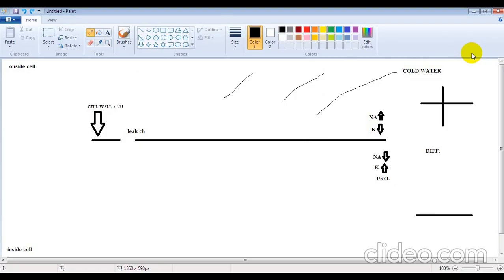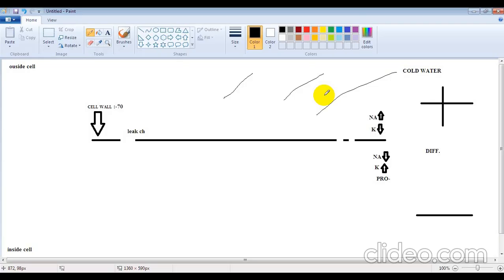When the external stimulus arrives, what is the first thing that happens? The first thing is that the mechanically gated channel on the cell wall opens. This channel responds to any outer stimulus; when any outer stimulus occurs, this channel is opened.